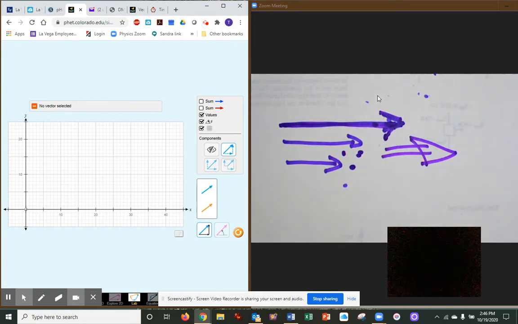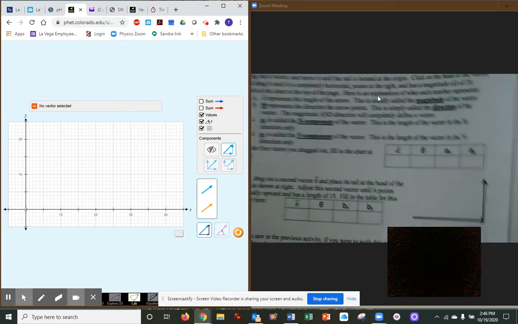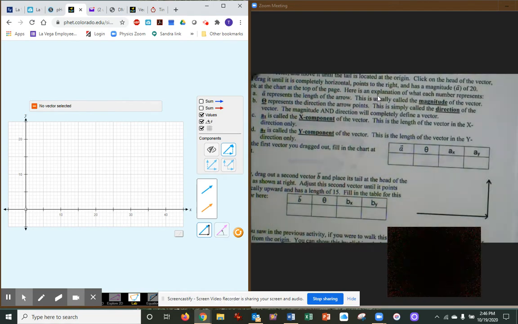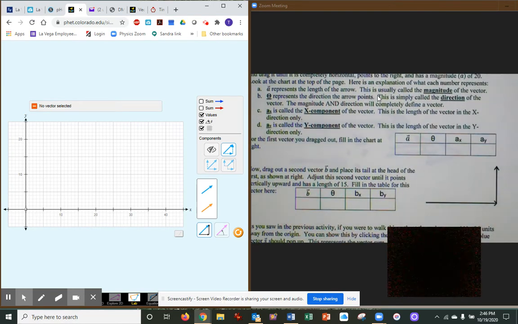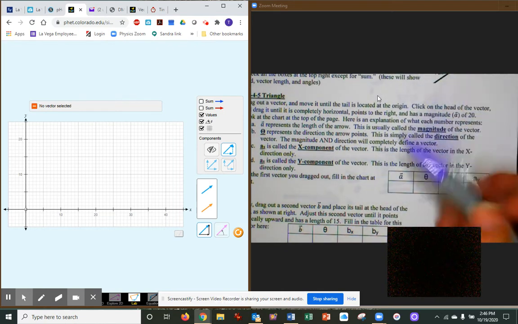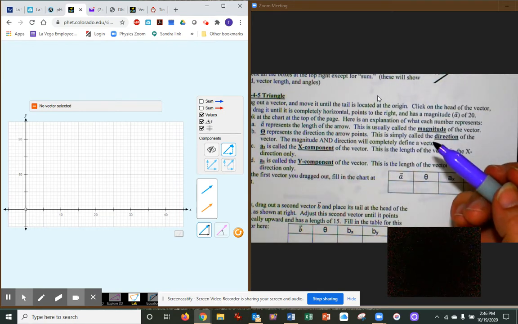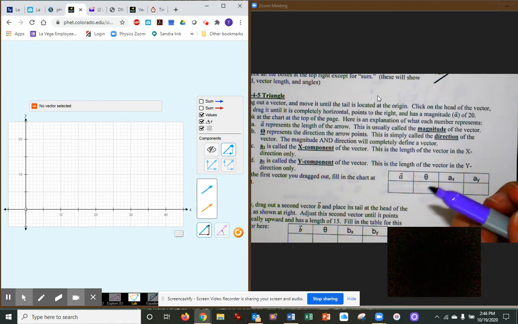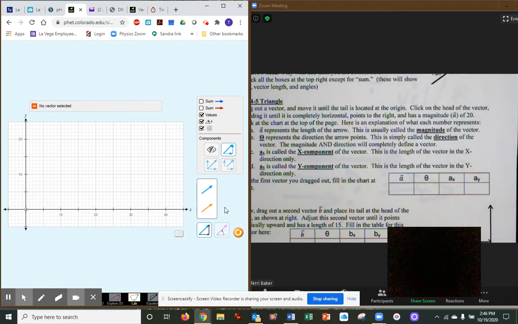So by now you should have opened up the PhET lab using the link that I have in the Schoology assignment, and by now you should have played with it a little bit. If you haven't, go ahead and take time, play with the simulation and see how it works. Drag vectors over, push the buttons, see what they do.